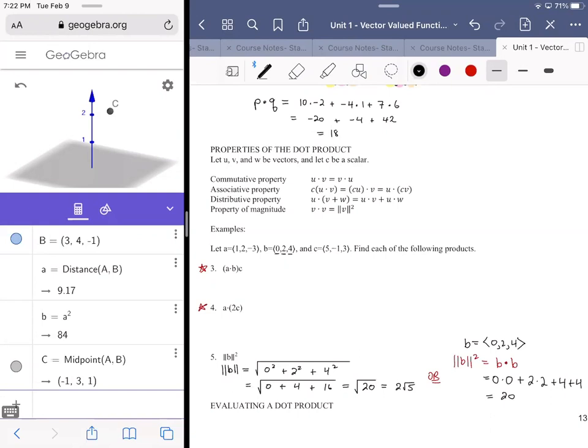I'm going to get 20 that way. That's going to be equal to the magnitude of B squared. If I want the magnitude of B, I just root that, which is 2 radical 5.